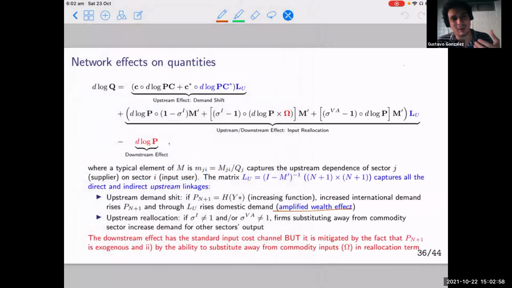I mean, does it have enough power to explain what you see in the data? That's basically my question. Like the sigma I, for example, how far can you push it up?